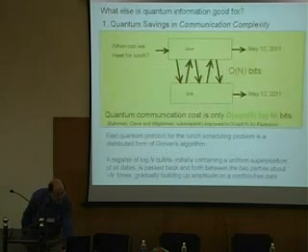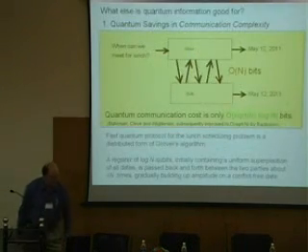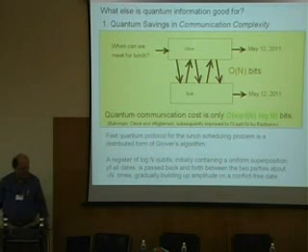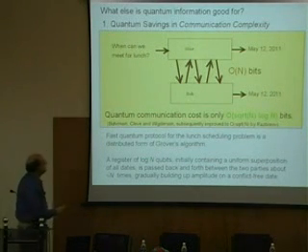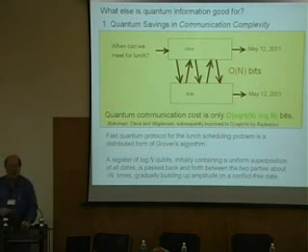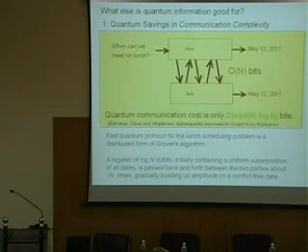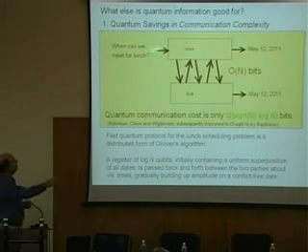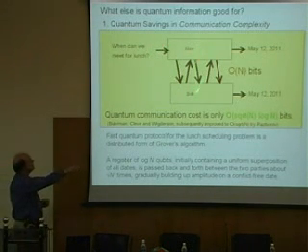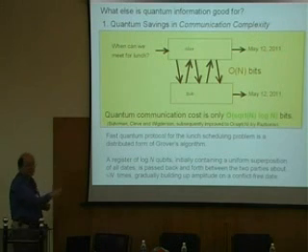Now, what else is quantum information good for? It's good for things aside from computation. Suppose I am a very busy person and you're a very busy person, and we try to find when is the next day when we're both free for lunch. And so the problem of communication complexity is to say how much communication is necessary? What's the volume of data that has to flow between us in order for us to come to a day when we're both free for lunch?